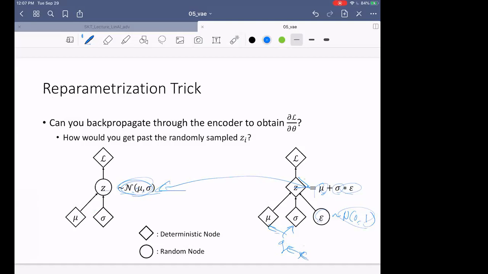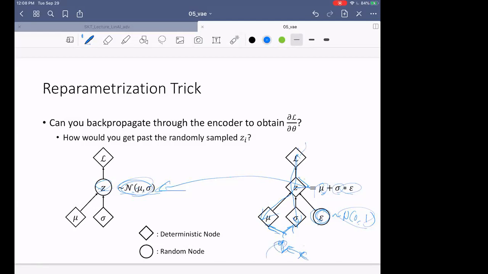You just view z in a different light, and now your randomness is outside your entire backpropagation chain, because your backpropagation chain is like here, and involves the Q function, the encoder function. Epsilon is completely living outside the backpropagation chain, because it doesn't involve any learnable parameter.